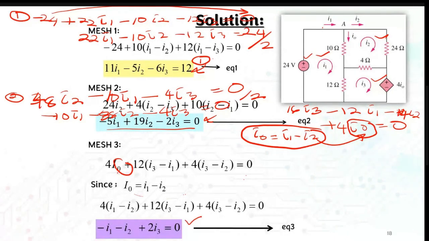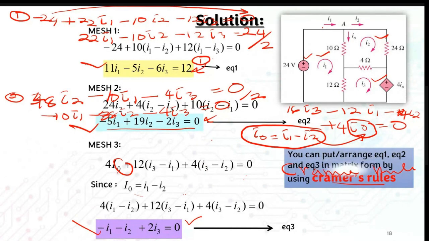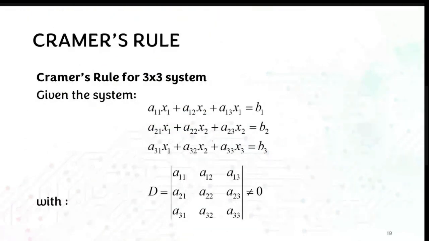Now you already have three equations: equation 1, equation 2 and equation 3. Now you can solve them using Cramer's rule. This is the same as in node voltage analysis. These three equations are linear equations, so you can solve them using Cramer's rule.